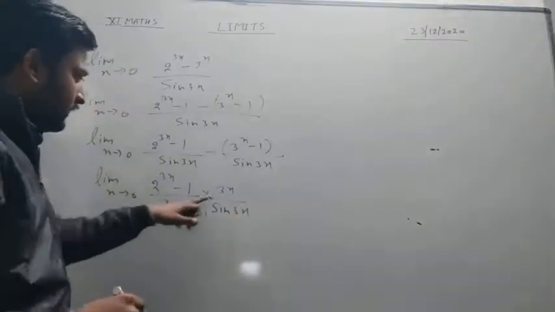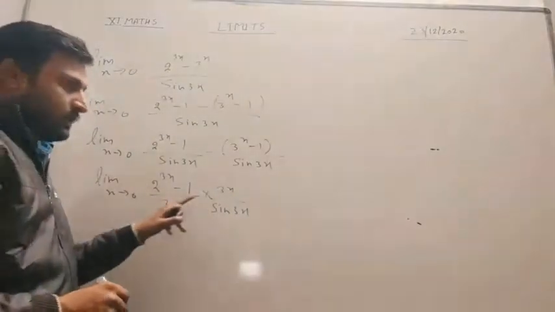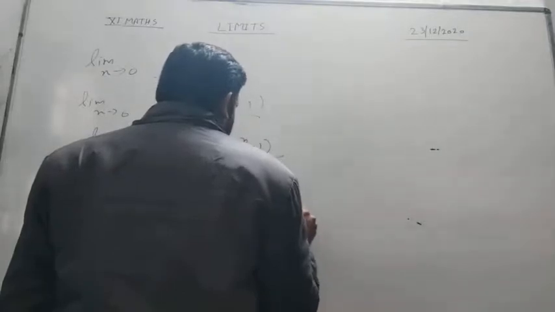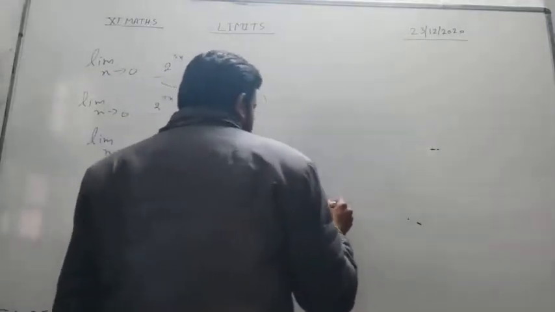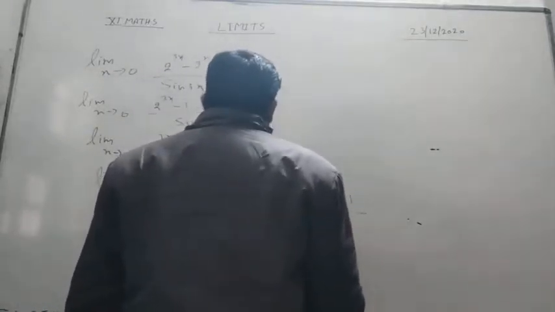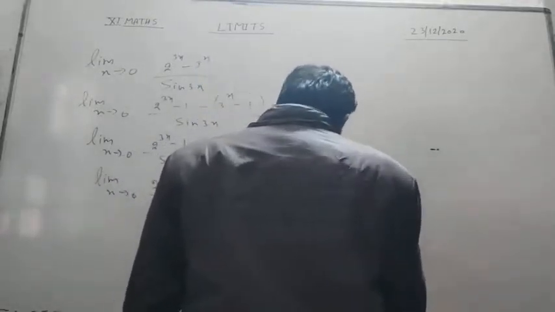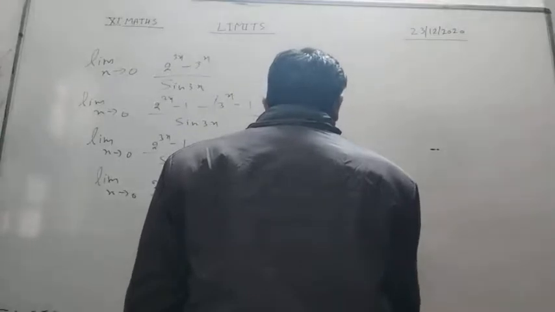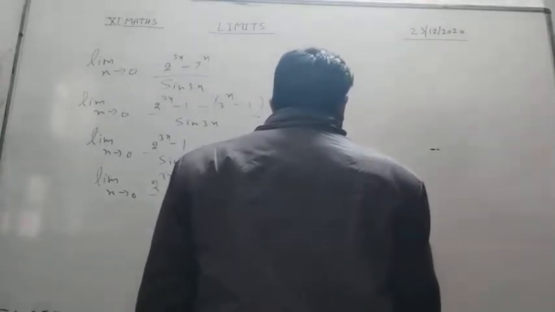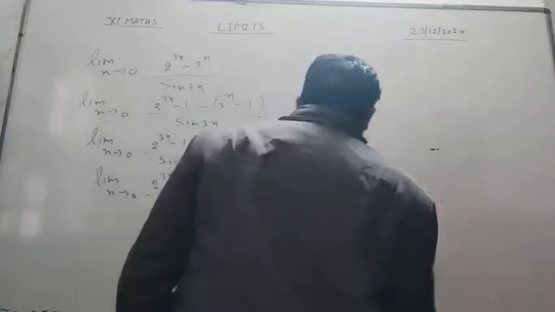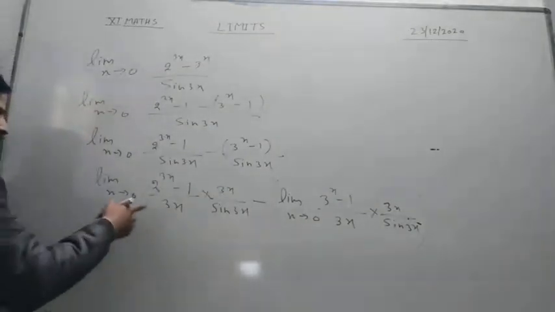We have multiplied by 3x and divided by 3x. And minus limit x tends to 0, (3^x − 1)/(3x) into 3x/sin 3x. Okay student, so this term what we can write?